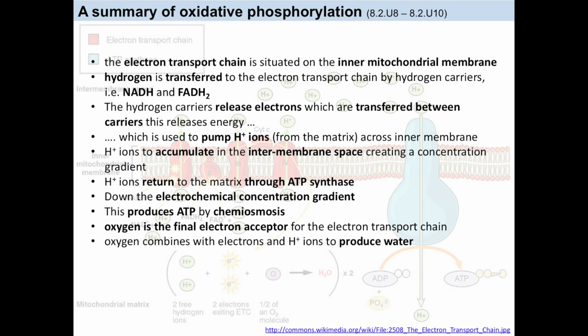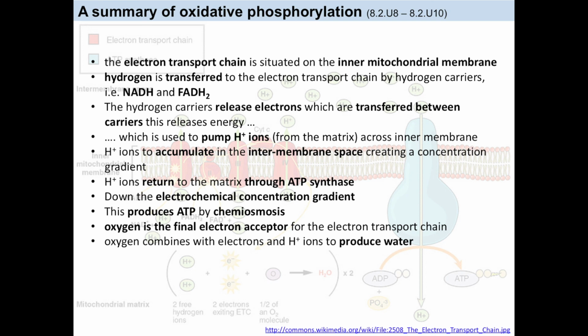First, electron transport chain is found in the inner mitochondrial membrane. Second, hydrogen is transferred by hydrogen carriers. There's two. And then hydrogen carriers release these electrons, which are transferred or jump between different carriers, right? This releases energy.